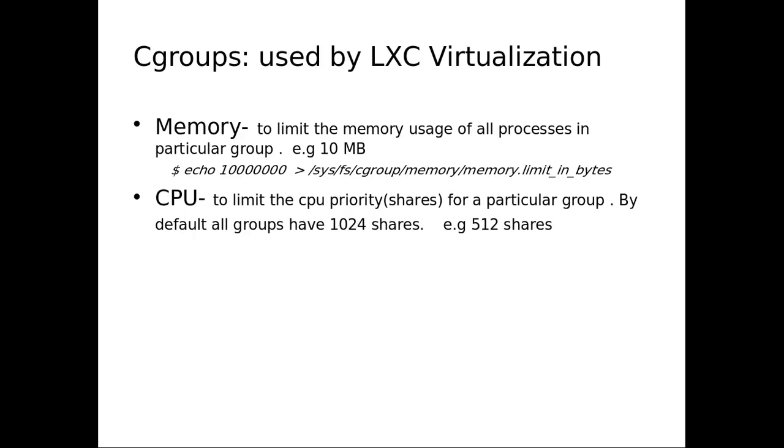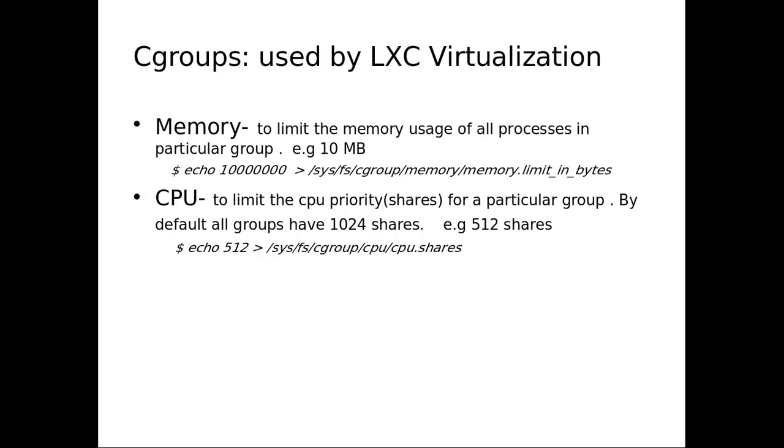Next, CPU. CPU controls CPU sharing. Let's say by default all groups have 1024 shares. If, for example, a particular group wants 512 shares, just type this command: echo 512 into the file cpu.shares.